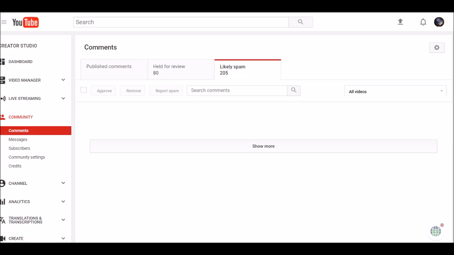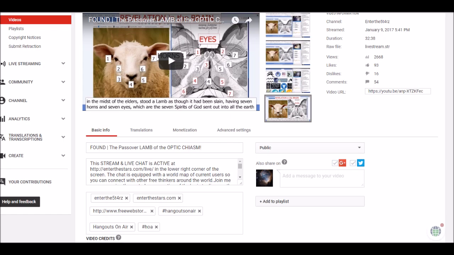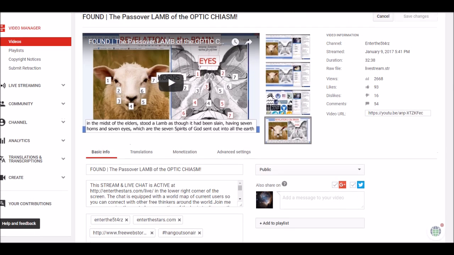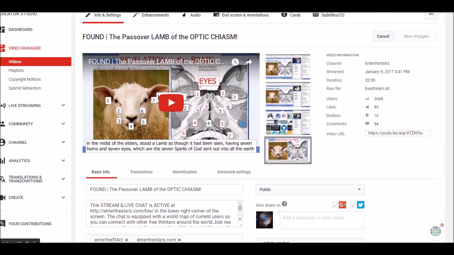Now here's where things get interesting, because we talked about the cross section of the brain, as you see here on the right hand side. And we compared this to the verse in Revelation that talked about 7 horns and 7 eyes of the sheep. And we found the 7 horns and 7 eyes of the sheep in the cross section of the brain.